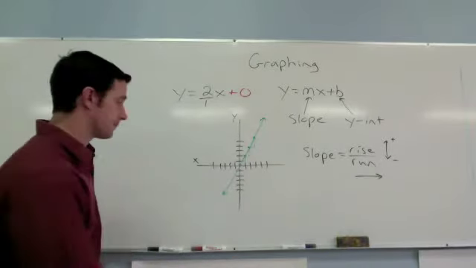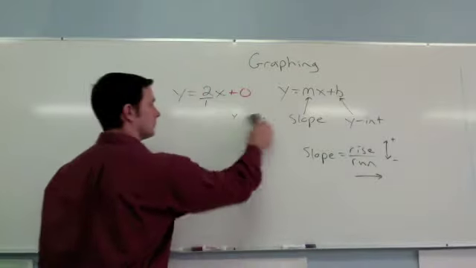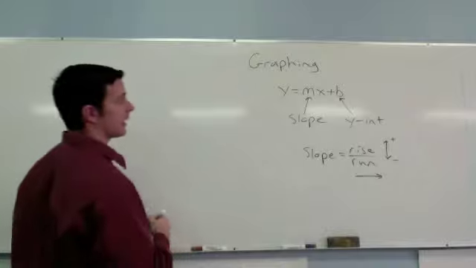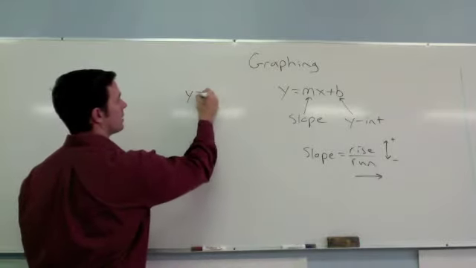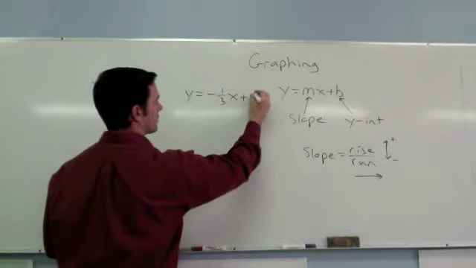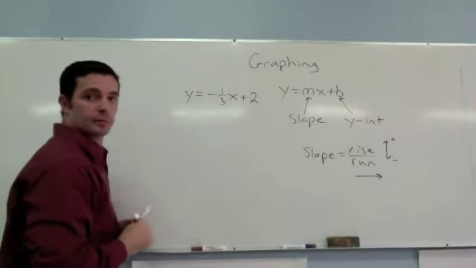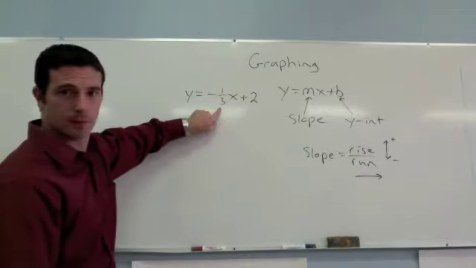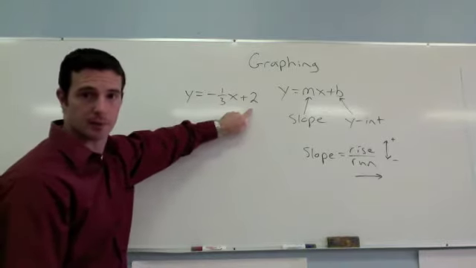Let's try another. Let's say I have y = -1/3 x + 2. So again, I'm looking at my slope and my y-intercept.